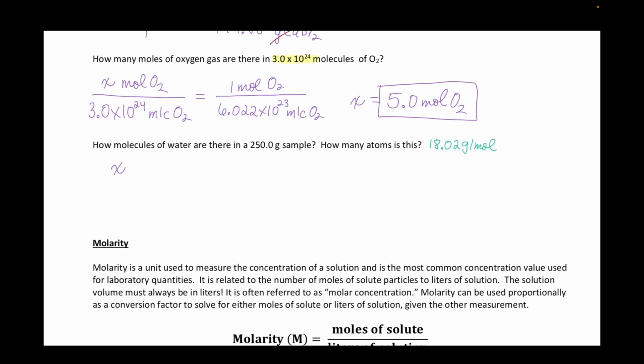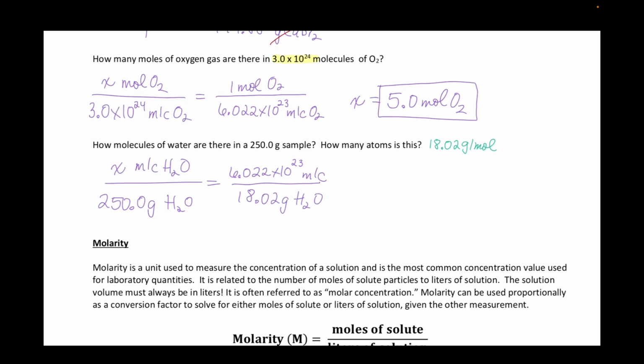I can just do it all at once, right? So I would say how many molecules of water are there in 250.0 grams, if I know that there would be Avogadro's number worth of molecules in 18.02 grams of water, since that's the molar mass.